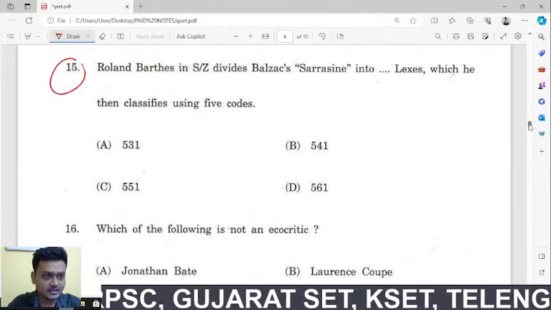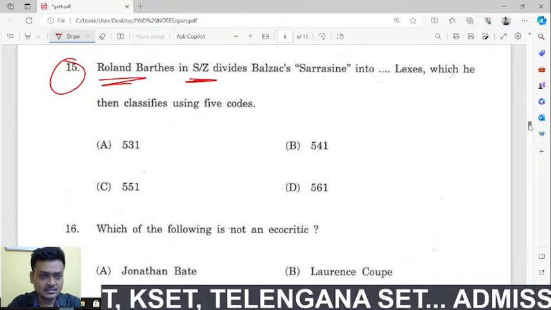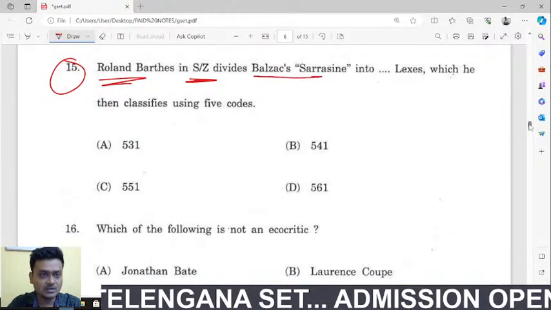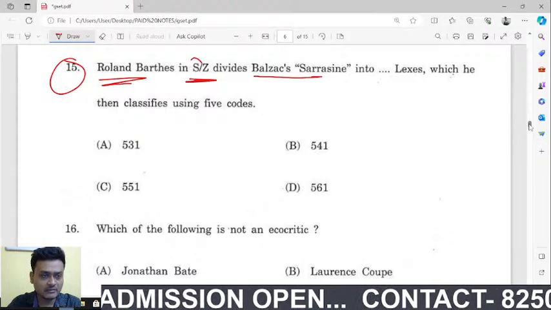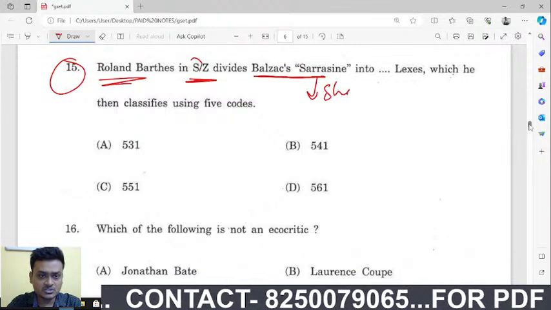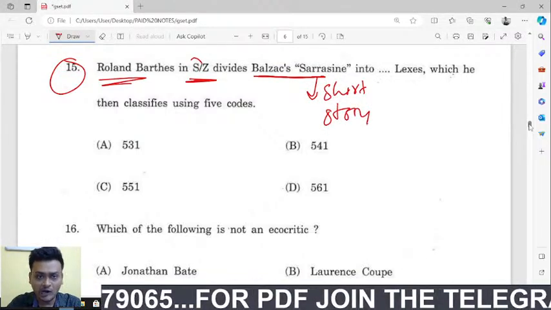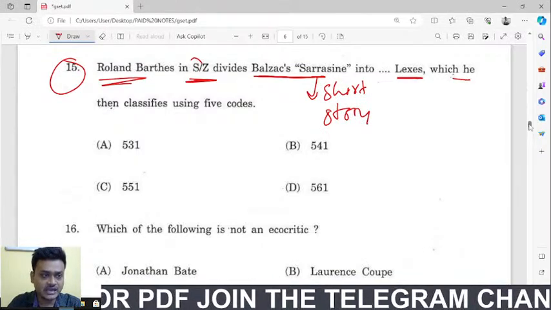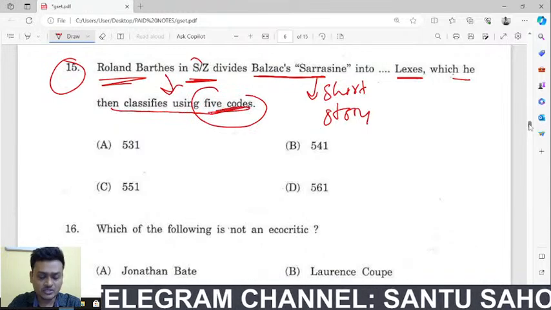Now here is again Roland Barthes, S/Z, which divides Balzac's Sarrasine. S/Z is a work by Roland Barthes. Sarrasine is a short story by Balzac. Into how many lexias, which he then classifies using 5 codes? So Barthes has given 5 codes.